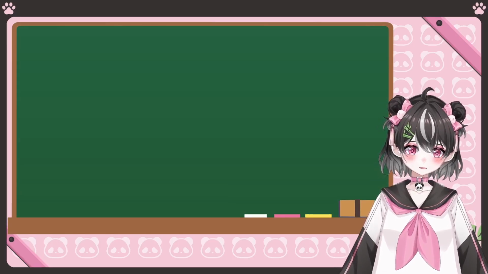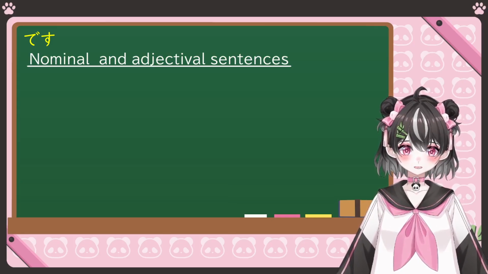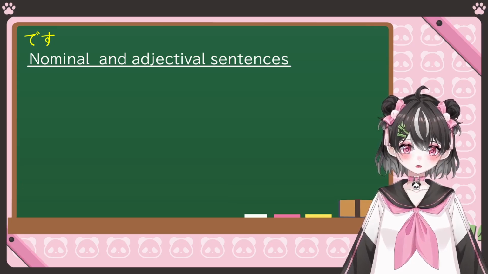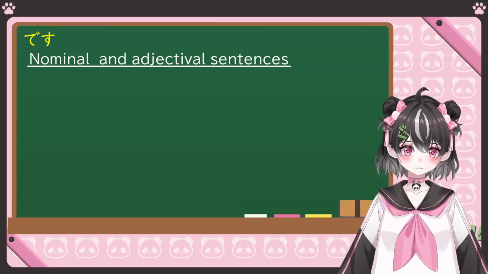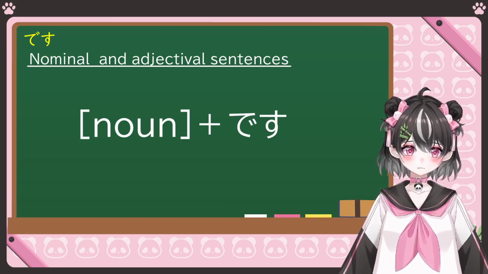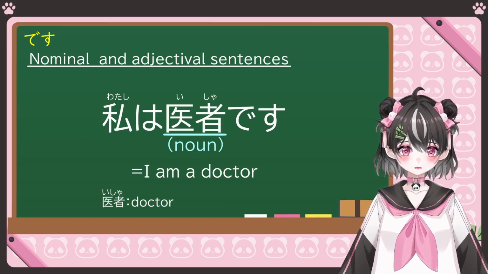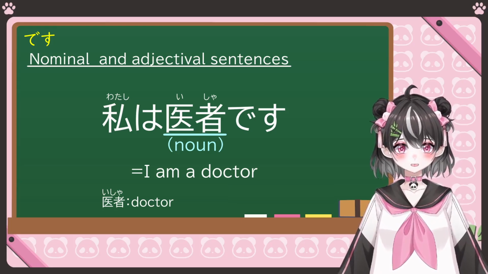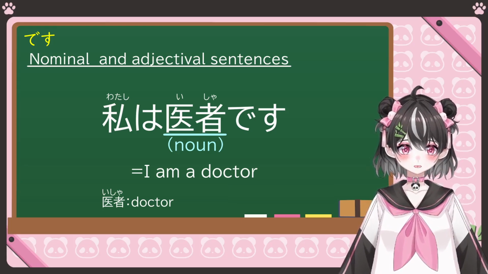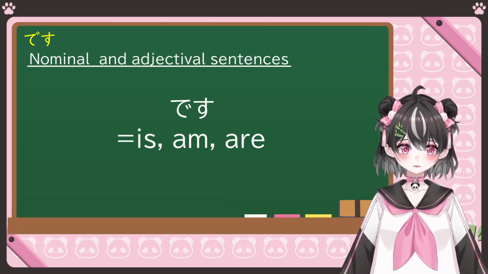Let's begin with です. It is used in nominal and adjectival sentences. Nominal sentences are simple. Just add です after a noun. For example, 私は医者です。Some textbooks might explain that this is the same as English is or are.